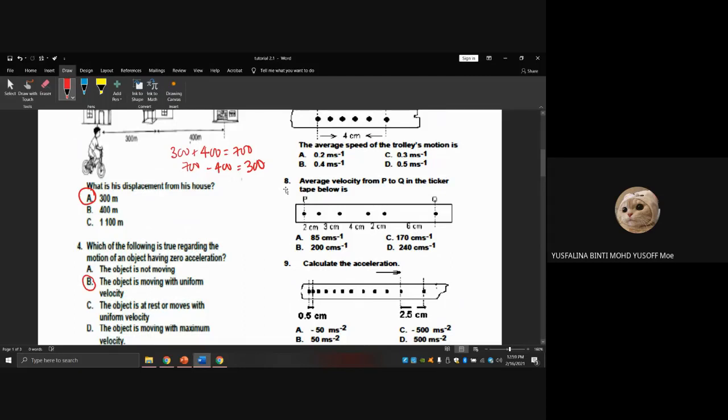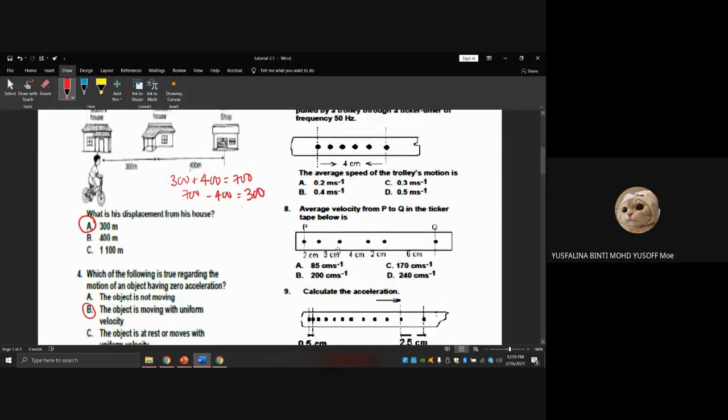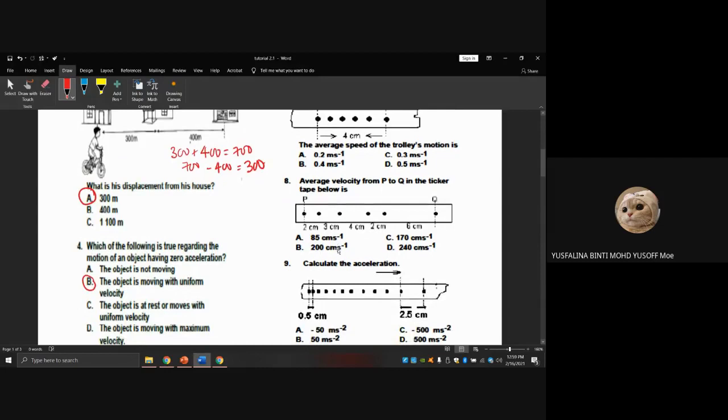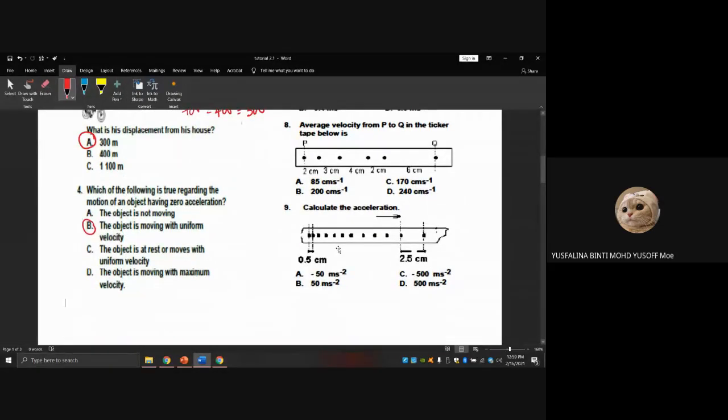At rest, velocity is 0, but if it moves with uniform velocity, it moves at the same, like 30 meter per second, always 30. They have a value. If V is zero, that one is not uniform, that one is not zero acceleration. Uniform velocity.